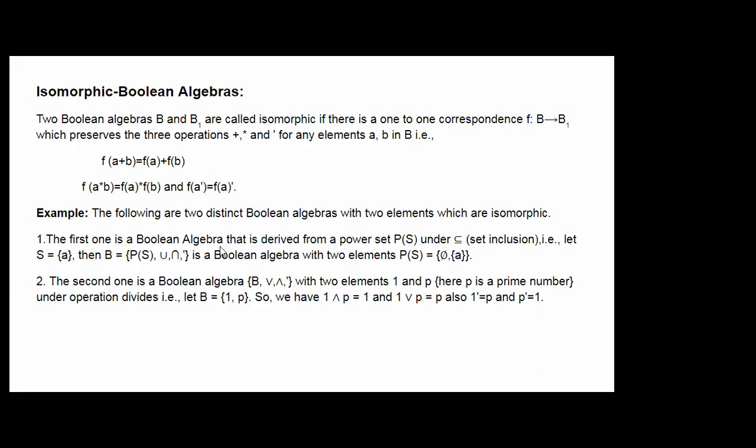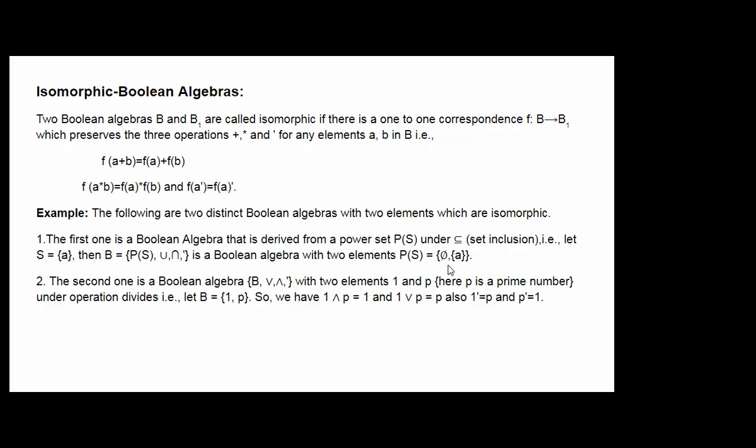The first one is a Boolean algebra that is derived from a power set P of S under set inclusion. Okay, set inclusion again, the subset concept, comes here. Let S is equal to {A} and B is equal to P of S; union, intersection and complement is a Boolean algebra with two elements.